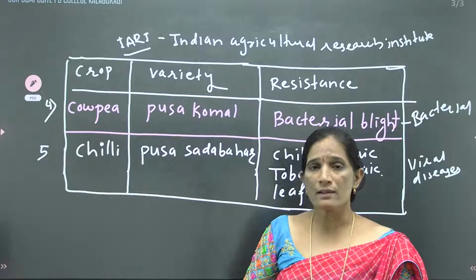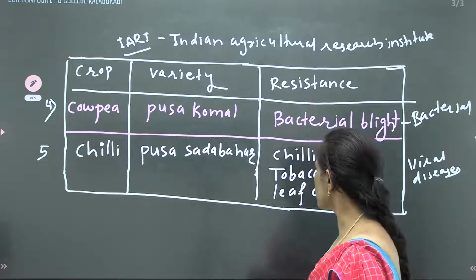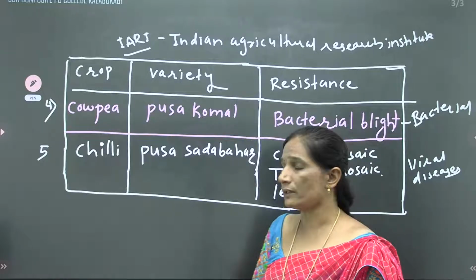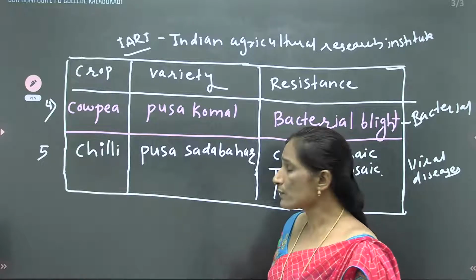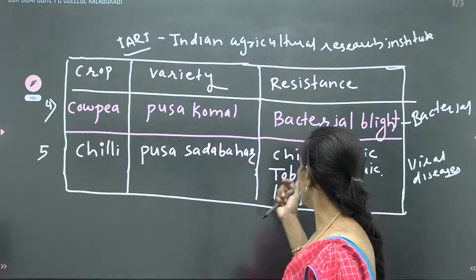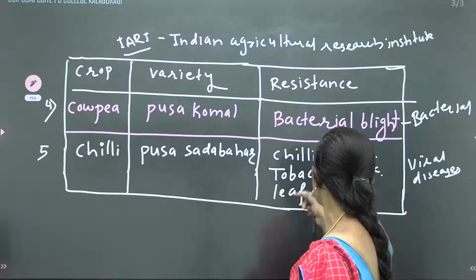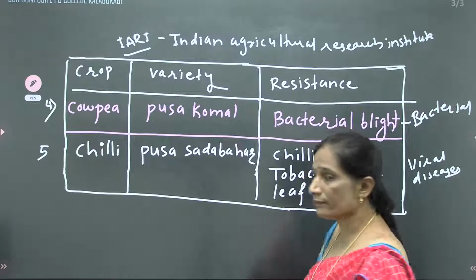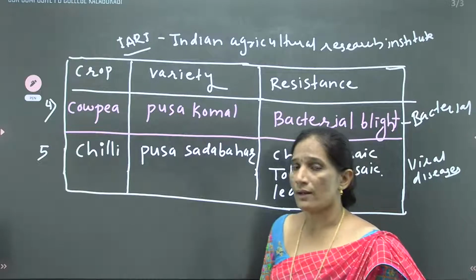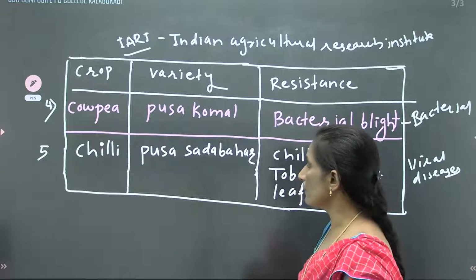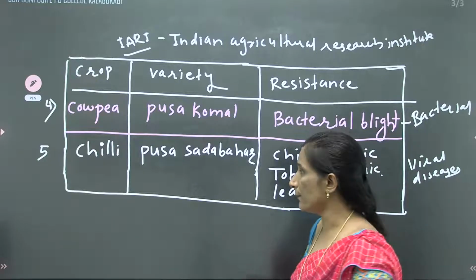Then moving to the fourth example, cowpea variety Pusa Komal, with resistance to the disease bacterial blight. Then the fifth one, chili, that is Pusa sadabahar, resistant to the diseases chili mosaic, tobacco mosaic, or leaf curl. It is one of the viral diseases. Okay, is it clear? So this is the brief introduction about the conventional method.